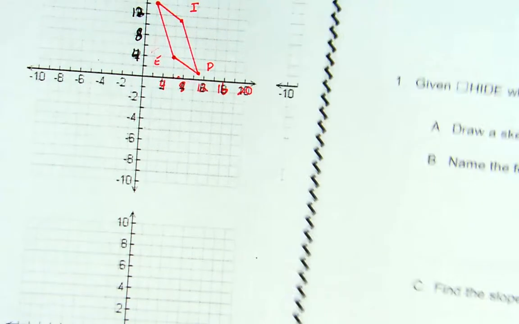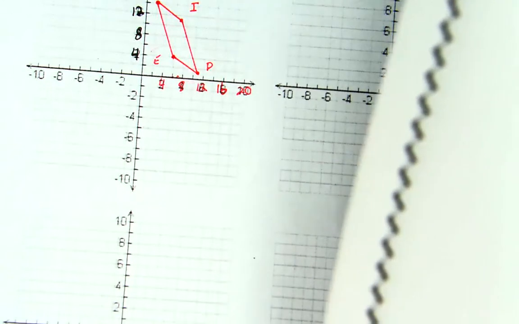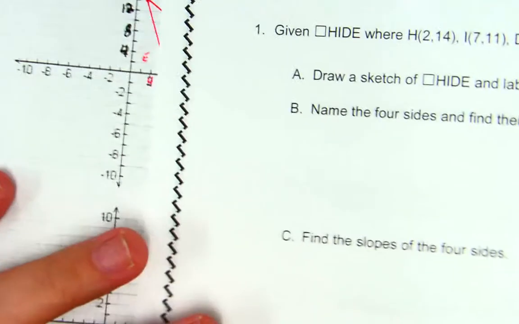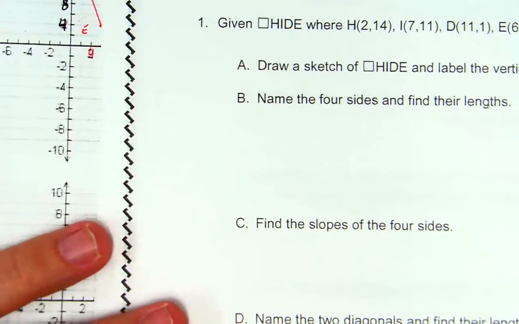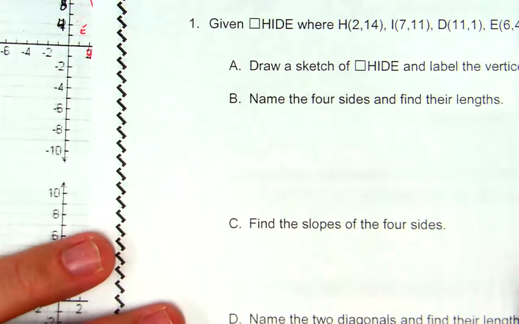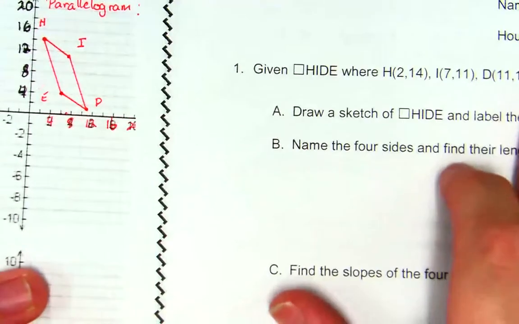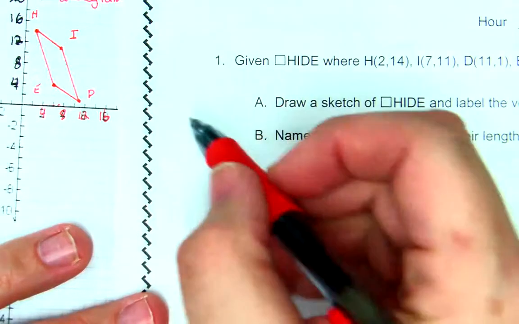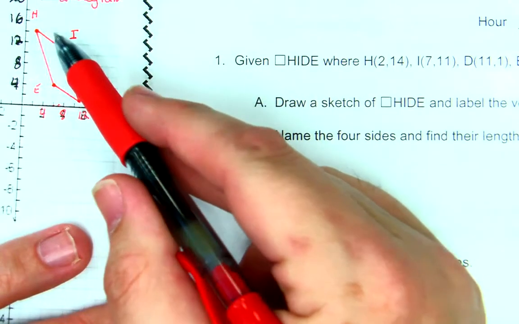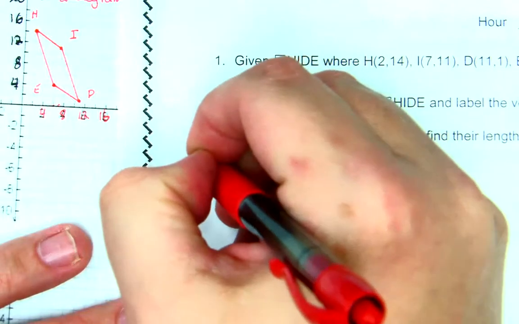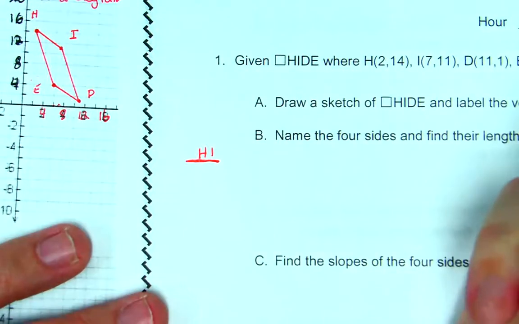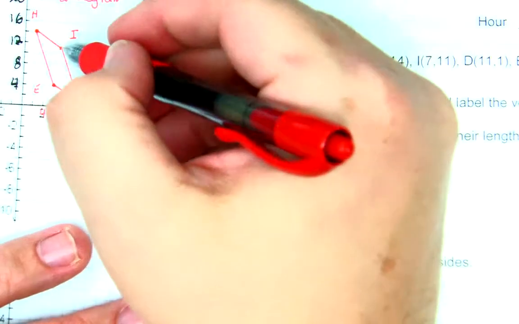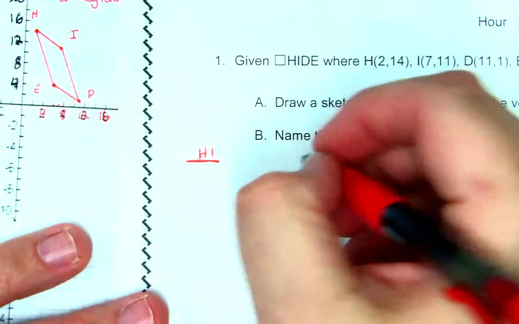So, what I'm going to do is work in here, and you guys are going to work in your notebook. So you're going to kind of cover, we have our 4 sides. What are the 4 sides? What's the first side? H to I. So we'll call it HI. The next side would be ID.